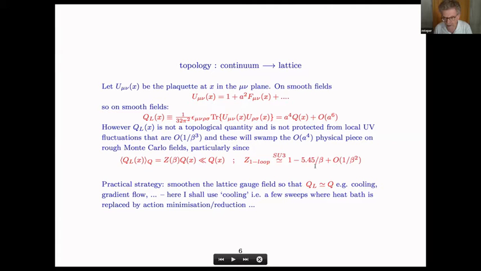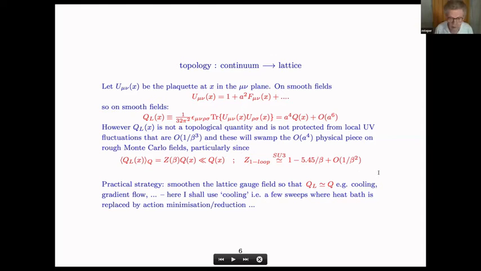So there's a one-loop piece like that in SU(3), and they gave a formula for SU(N). What you see here is that in SU(3), you're typically around beta of 6, and that means that your Z is close to 0. So in actual fact, this factor almost completely suppresses the physical topological charge you're interested in. You're looking for a very small quantity with fluctuations, which is difficult and doesn't work very well.